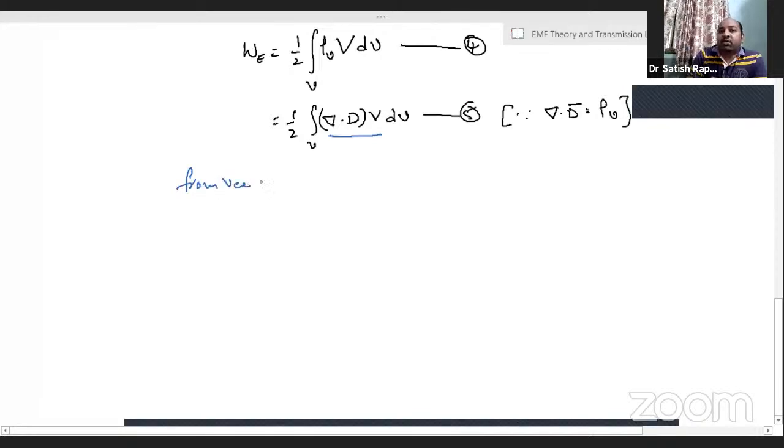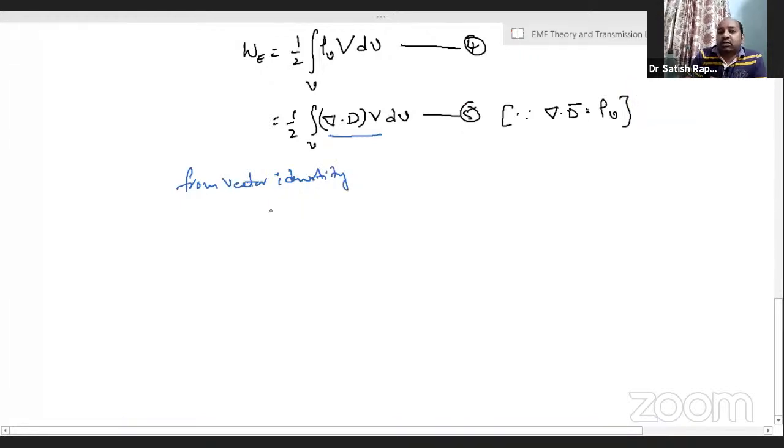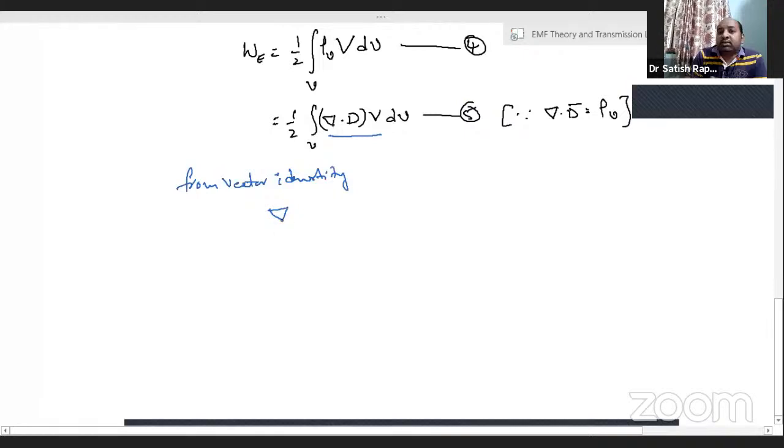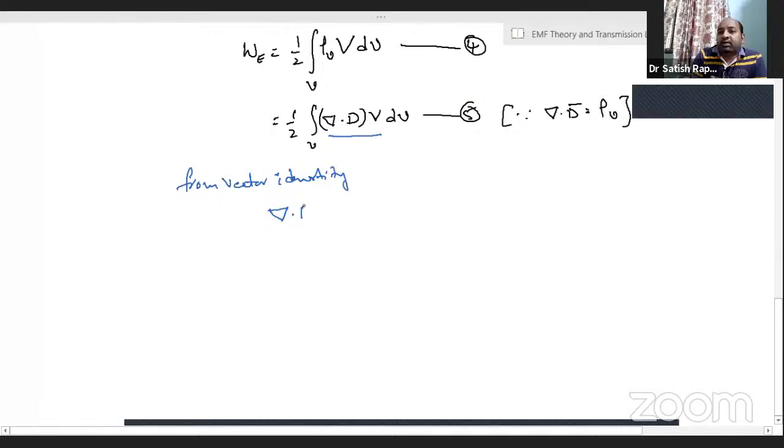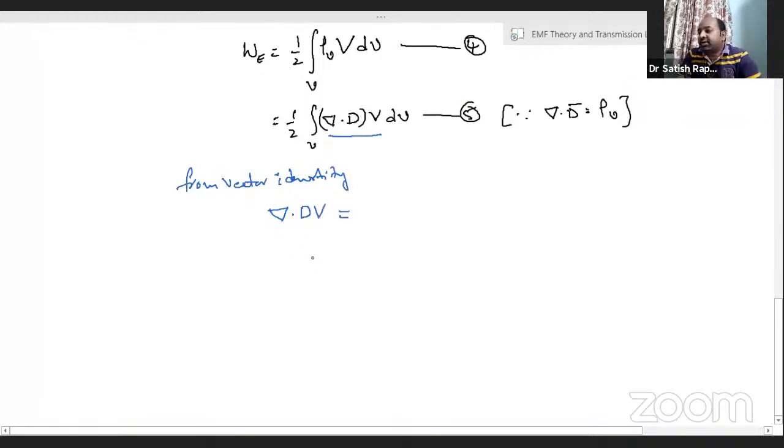From vector identity, what is that? Divergence of D and V can be expanded like this.